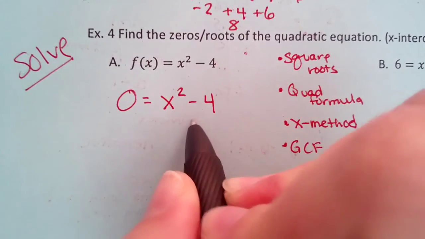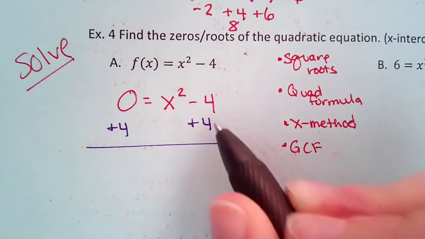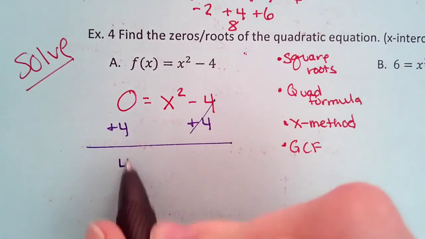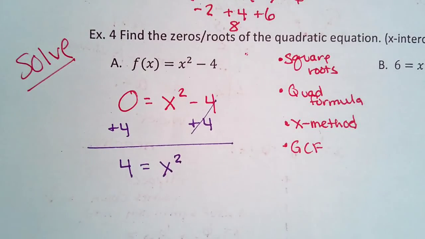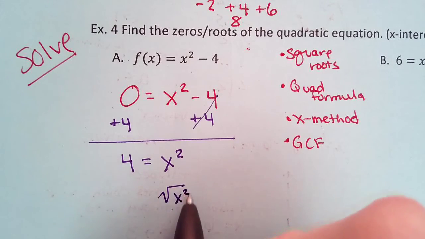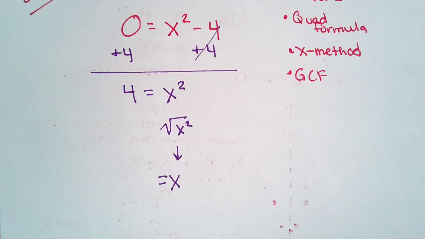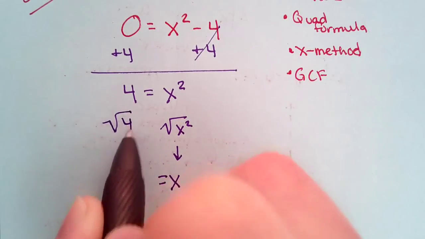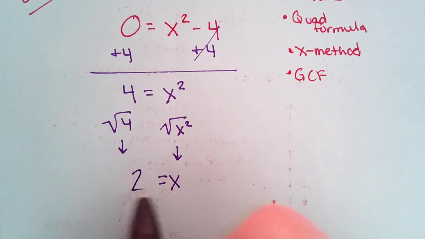An even faster way is to get the 4 to the other side. So inverse is adding 4, so 4 equals x squared. Then, similar method, square root. So the square root of x squared is x. Square root of 4 is 2.